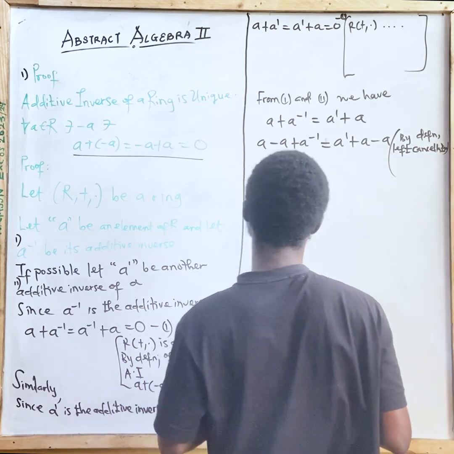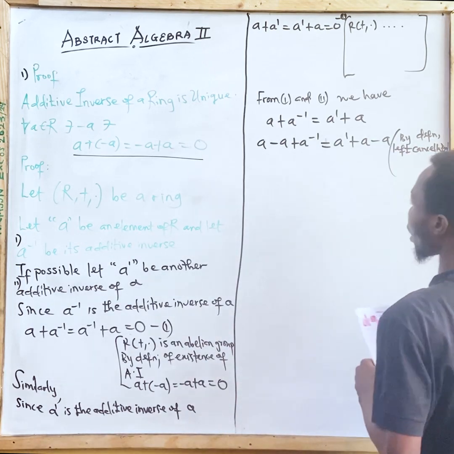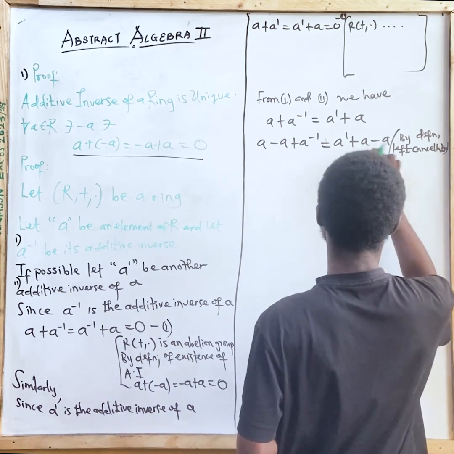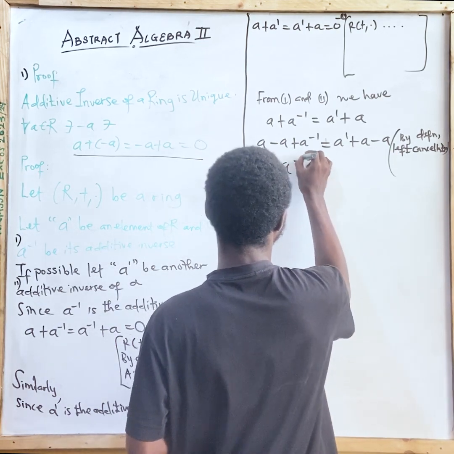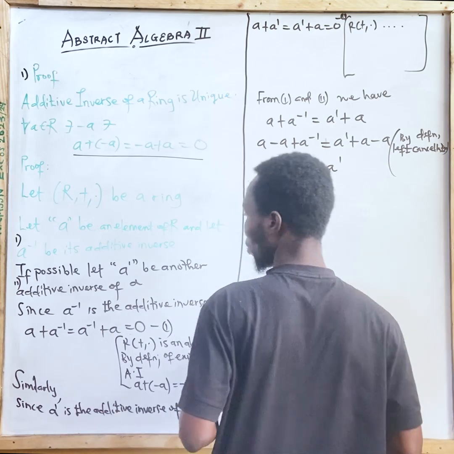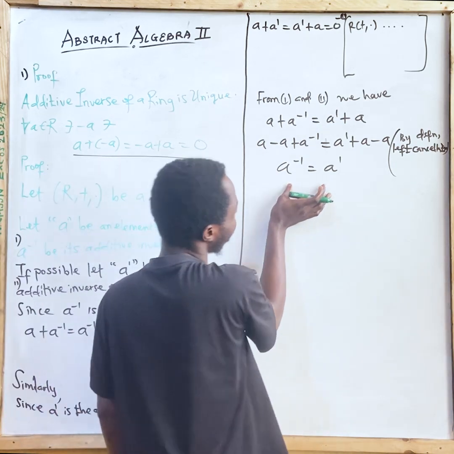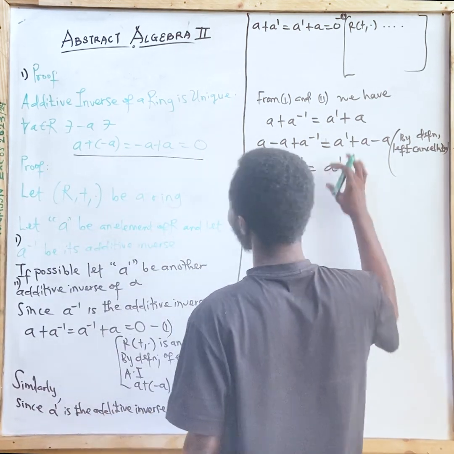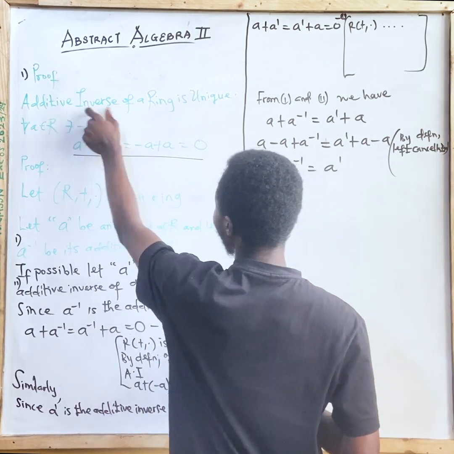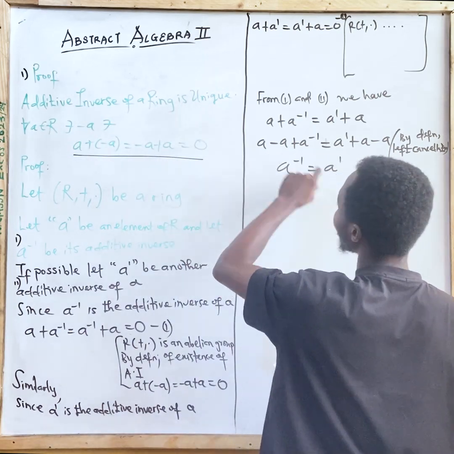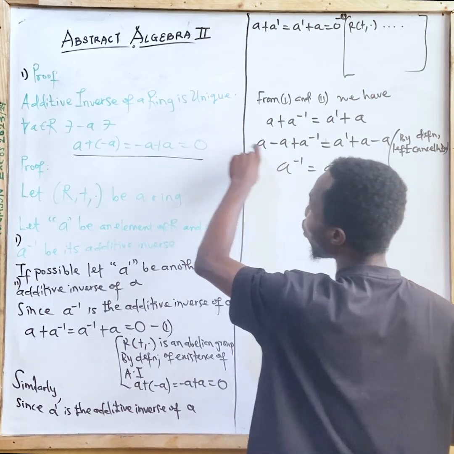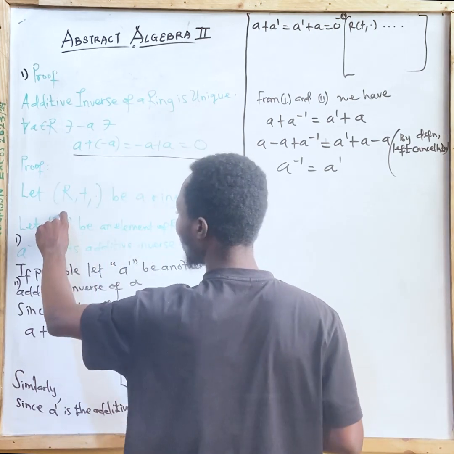So what I basically did was to subtract A from both sides. A minus A will give me 0, so I can see that A inverse equals A prime. So basically, the assumption that this element A has a different inverse and also here has a different inverse, I've been able to prove that the inverse is unique, that is, this is equal to this. So additive inverse of a ring is unique. I can't have two or more additive inverses for a particular element in a ring.